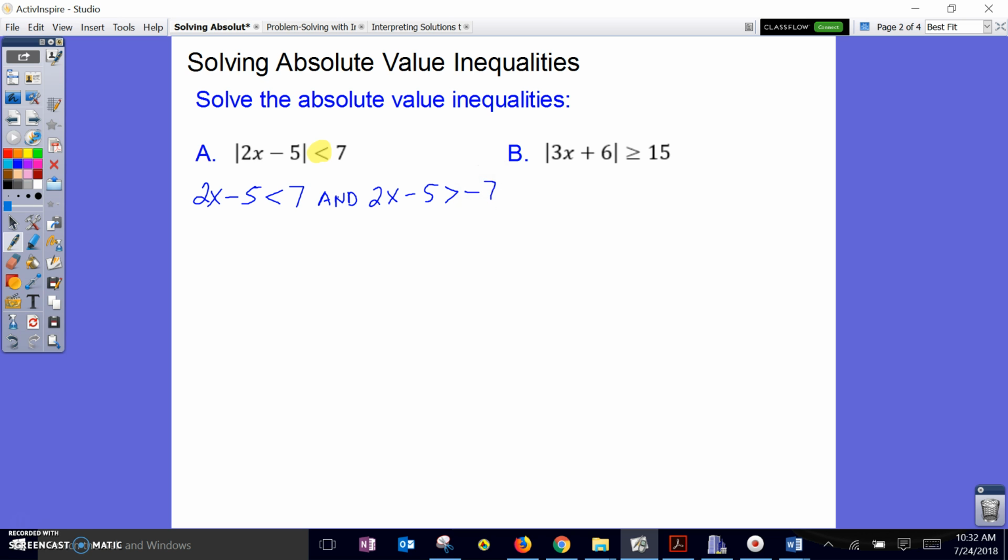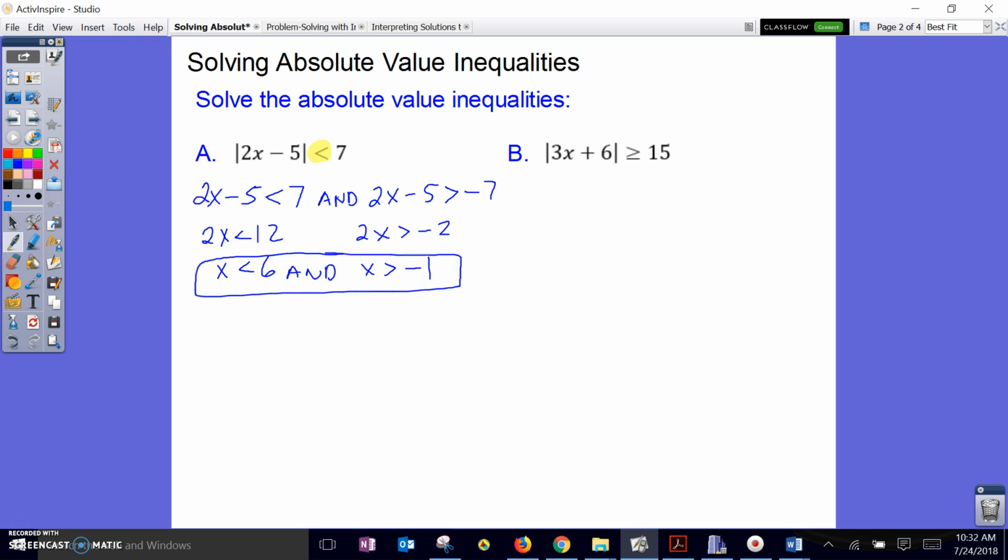Now I have these two inequalities to solve. And we'll go ahead and solve those. Add 5 to both sides, divide both sides by 2, add 5 to both sides, divide both sides by 2, and there's our solution to that absolute value inequality.